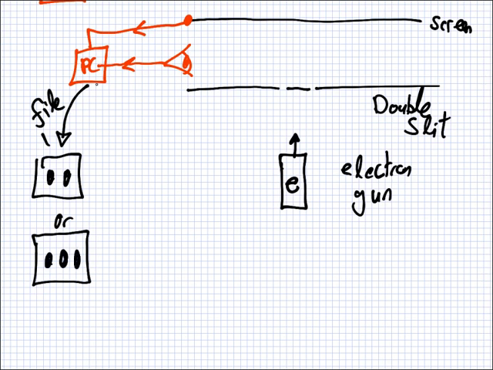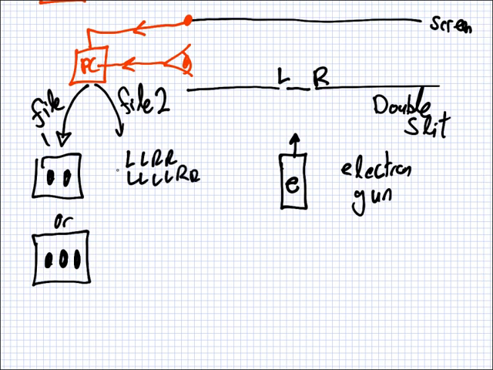And then file 2, you get information about if the particle went left or right. So maybe file 2 could be, like this one here, left, right, right, or it could be something like left, left, right, right, left, left, left, left, right, right. It tells you which way the particle went.